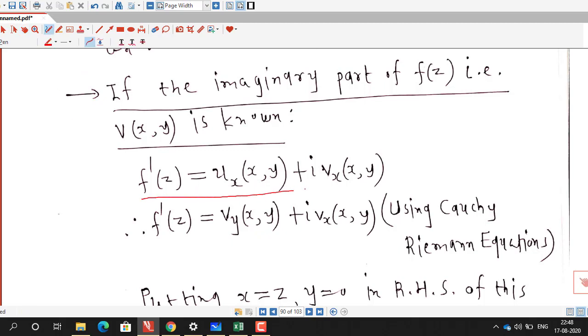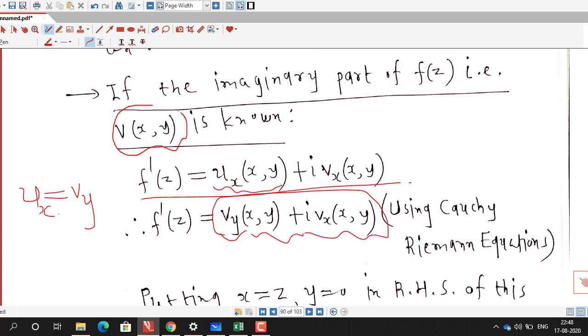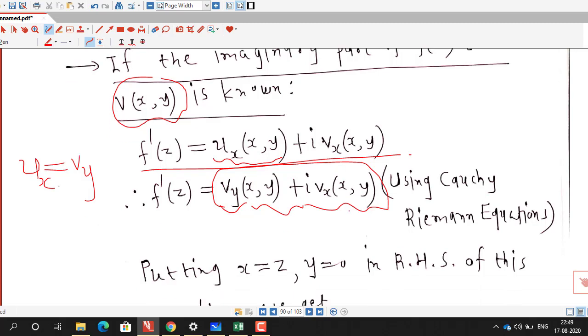So f'(z) is u_x + i v_x, and using the Cauchy-Riemann equation we can replace ∂u/∂x by ∂v/∂y. Now the imaginary part v is known to us, so we can find ∂v/∂y and ∂v/∂x.